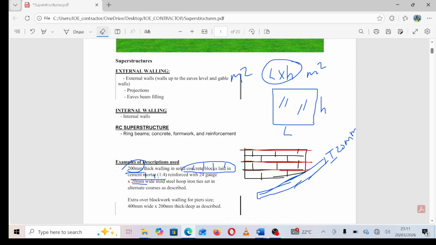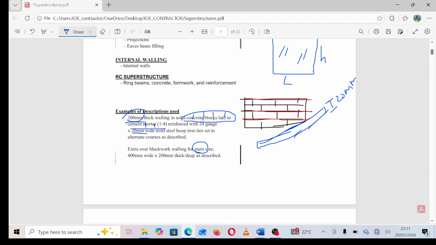It's this one here, piers. So here the description is an extra over. Now we know extra overs based on the earlier segments. These are works that are beyond the normal ordinary. So like a pier, it's also a special wall, though it has a protrusion, and its protrusion is specified here, where you say 400 millimeter wide by 200 thick.